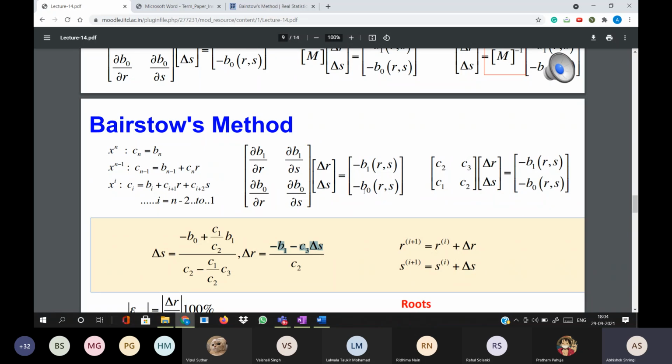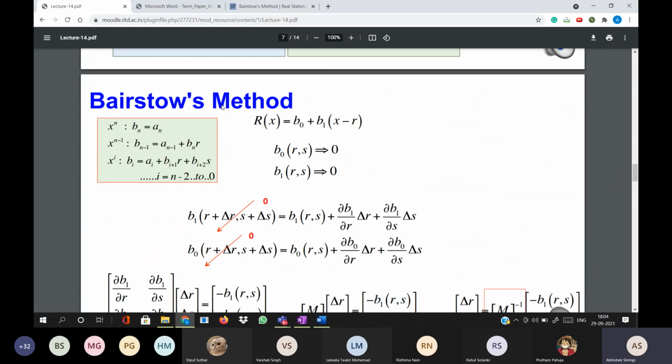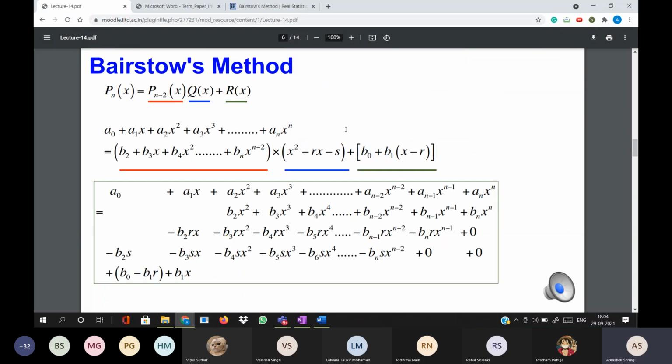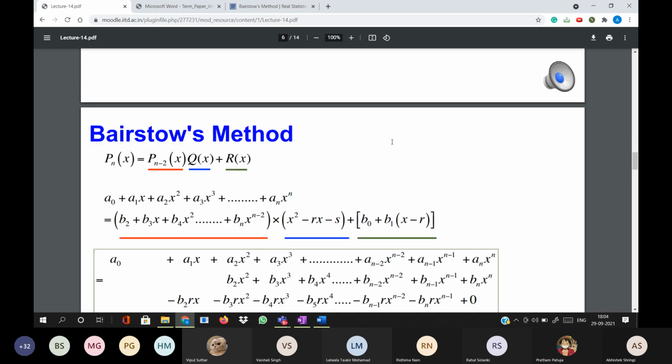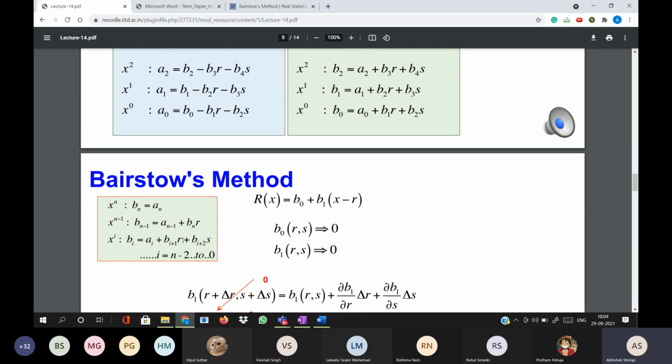So there are basically two things in this that you have to find: the coefficient b's, and the next coefficient you have to find is c. How you'll find the coefficient b's is by this. You already know an, and then you can predict the value of bn minus 1 and so on till b0.